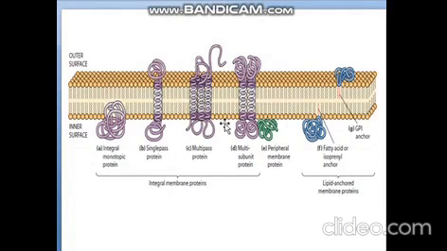integral membrane proteins, then we have peripheral membrane proteins, then we have lipid anchored membrane proteins, and as I told you, what is the difference between integral membrane and transmembrane? Transmembrane is a kind of membrane protein that can cross both layers of the cell membrane, right? We have two layers, as I told you, E phase and P phase. It can cross all the surface of the lipid bilayer.